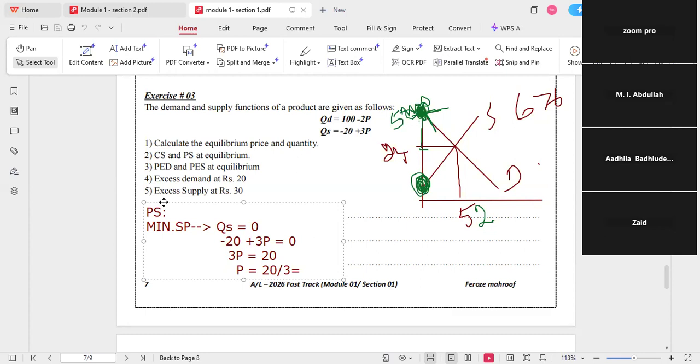It is 6.66 coming, no? You can round off to 6.67, so let's keep 6.7. Mention that value 6.7.